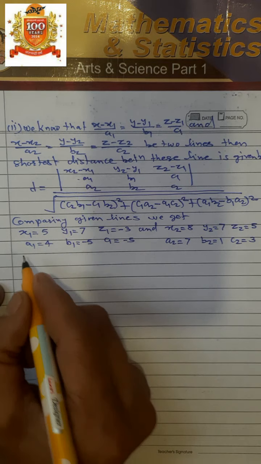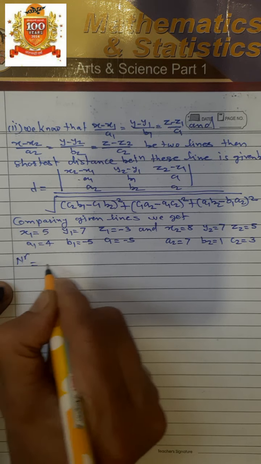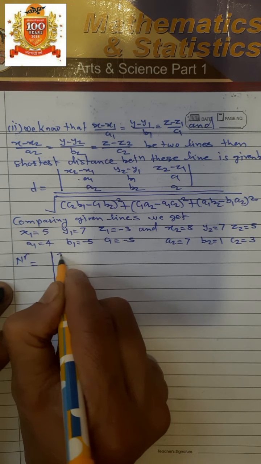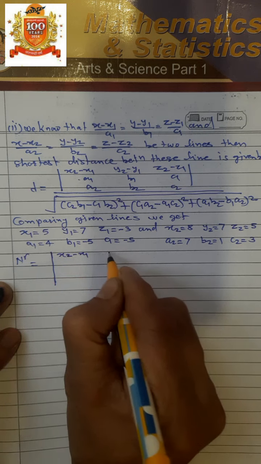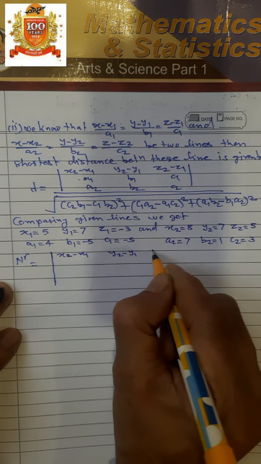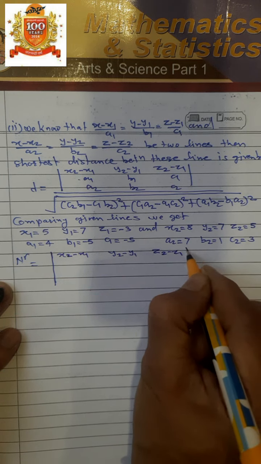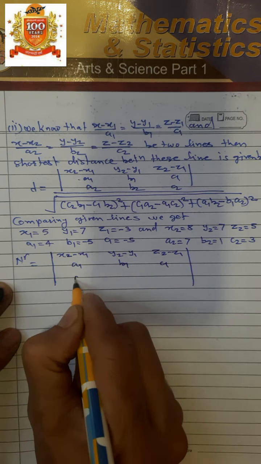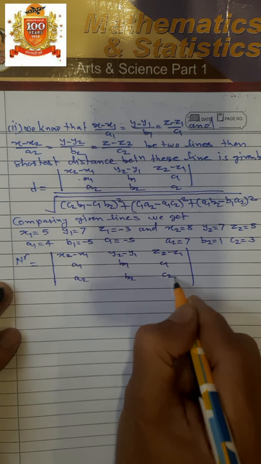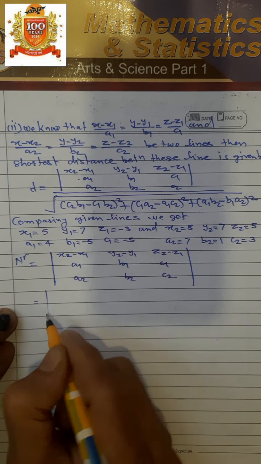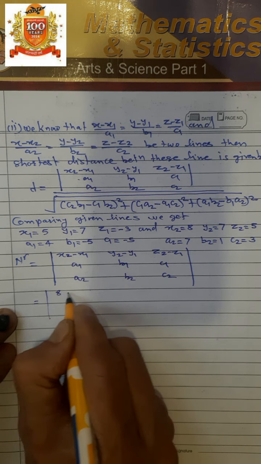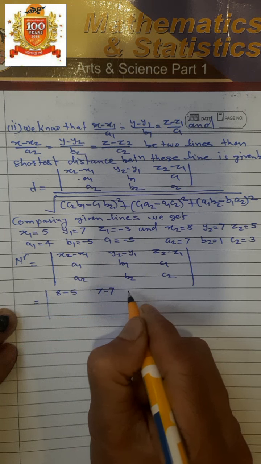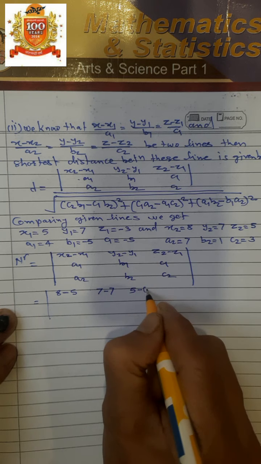first we find the numerator. Numerator is equal to, we have x2 minus x1, y2 minus y1, z2 minus z1, a1 b1 c1, a2 b2 c2. Now that is 8 minus 5, 7 minus 7, 5 minus of minus 3.